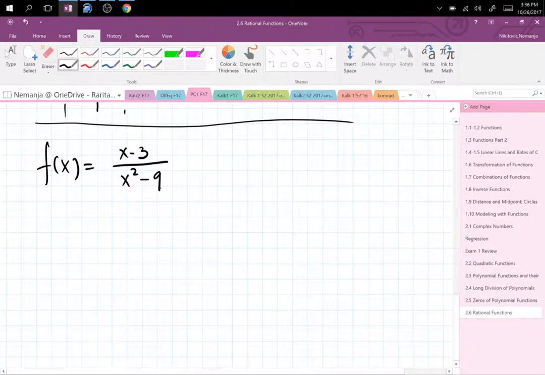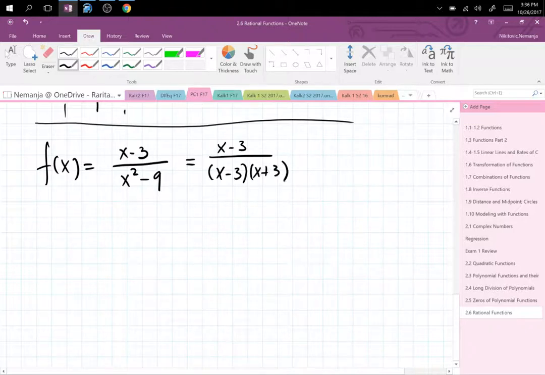And if you set x squared minus 9 equal to 0, you will come up with negative and positive 3. However, one of them is not an asymptote. So you have to be very careful. What you have to do first, before you set the denominator equal to 0, is factor everything and make sure that the rational function cannot be simplified any further.